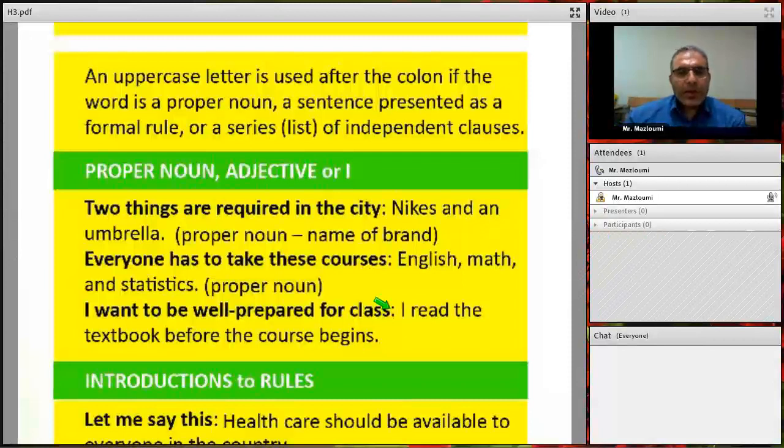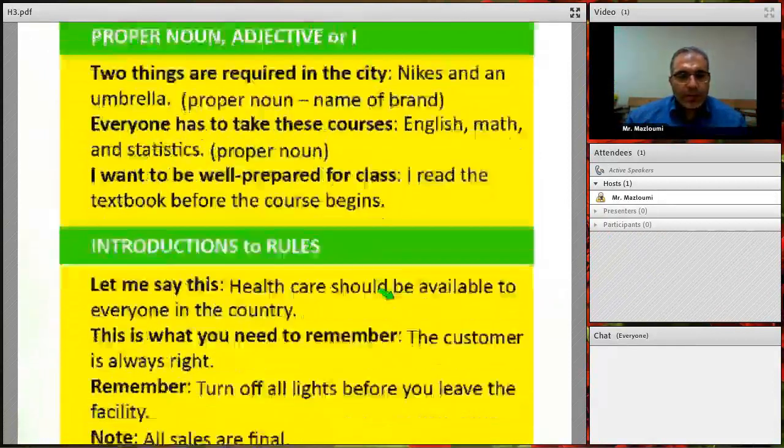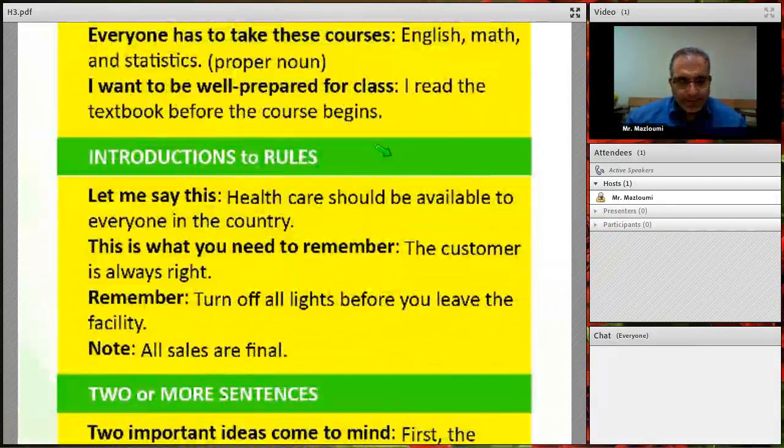Or: he wants to be well prepared for the class, colon, he reads the textbook. He should be capitalized here. Textbook, everyone, this is our textbook. So I read the textbook before the course begins.